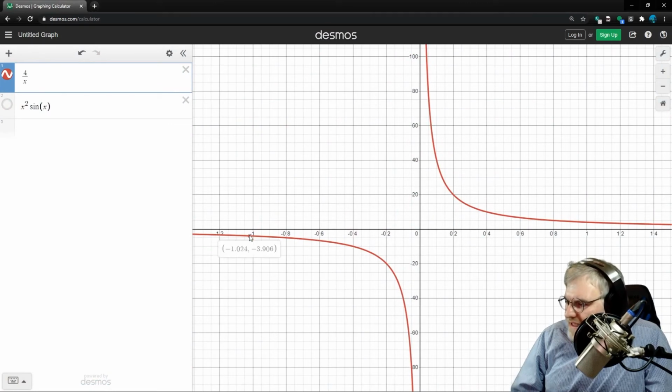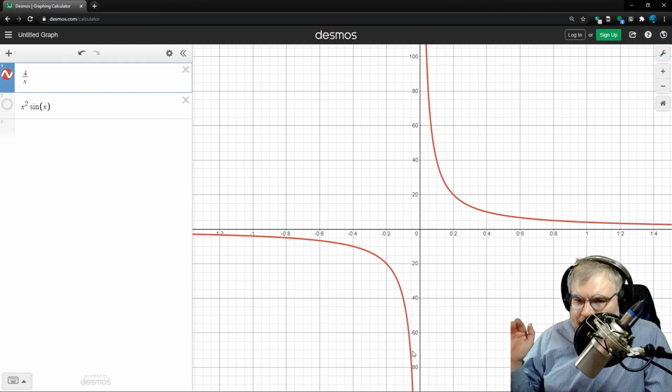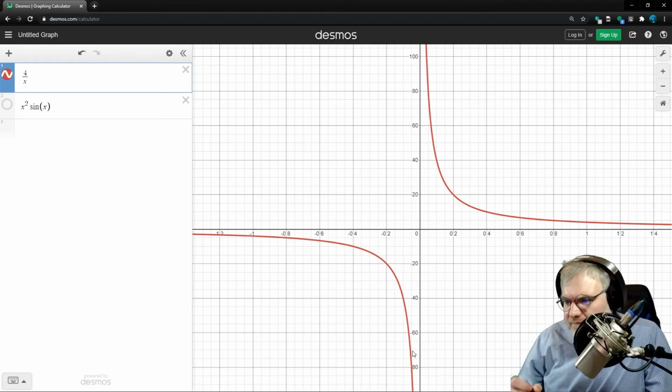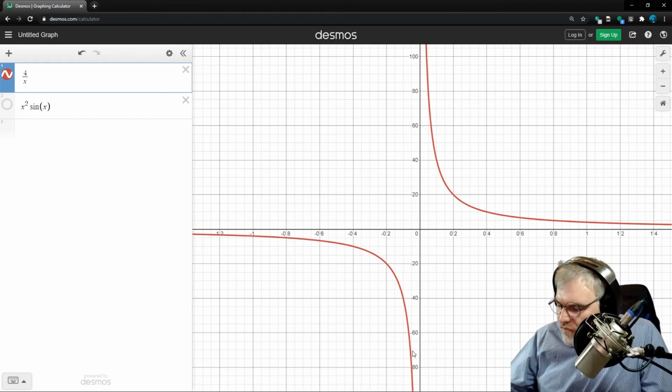Bye-bye. So 4 over 0 left is negative infinity.